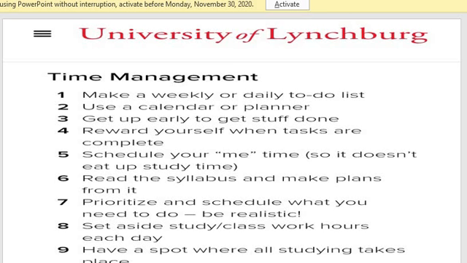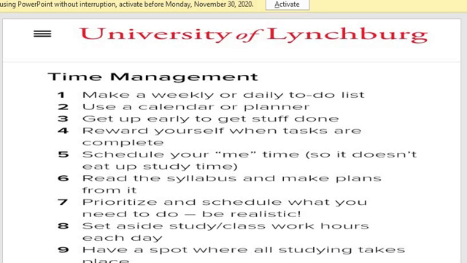Whatever work you do, do it on time. Get up early, and when you get up early, you can achieve your goals. Do not waste your life sleeping. Next is: reward yourself when tasks are complete. You can reward yourself when your tasks are complete. These things are very important and you can boost yourself while doing that.